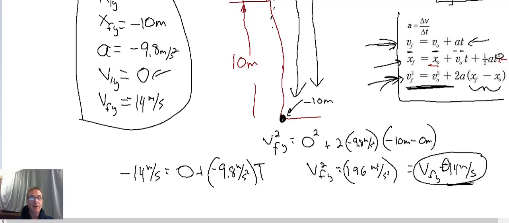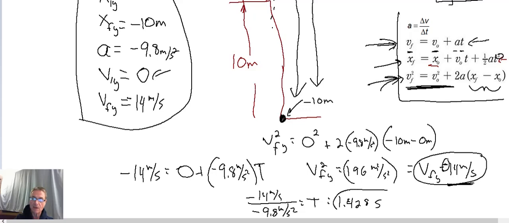So if we divide each side by negative 9.8 meters per second squared, we get negative 14 meters per second divided by negative 9.8 meters per second squared is equal to the time that the rock was in the air, and it turns out to be about 1.428 seconds that the rock was in the air.